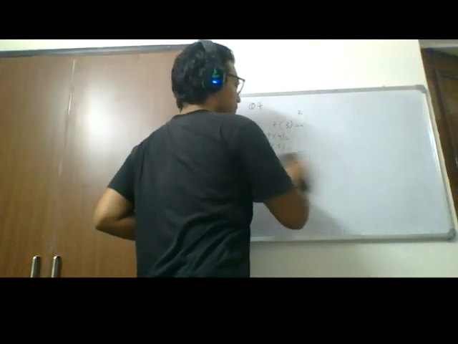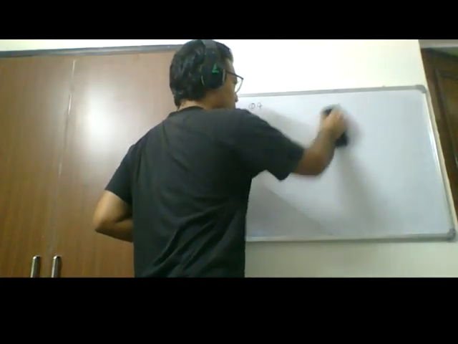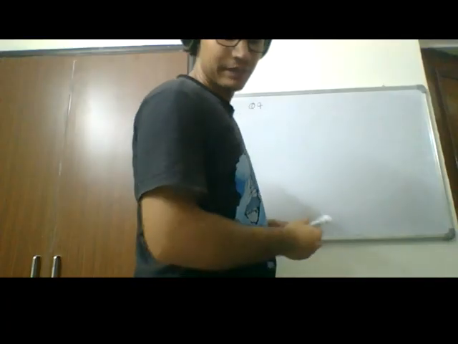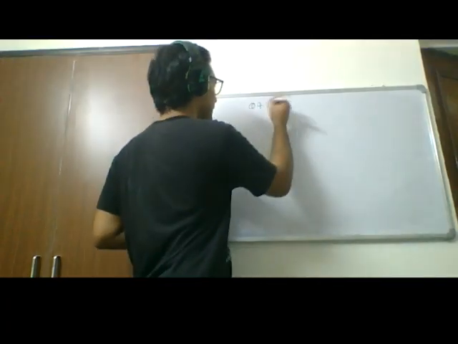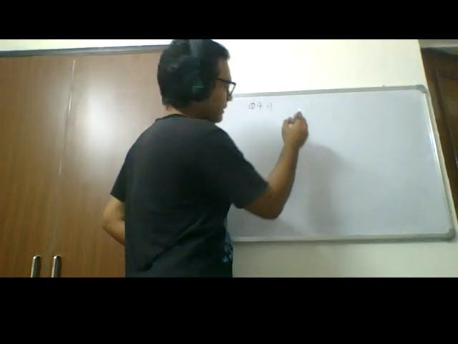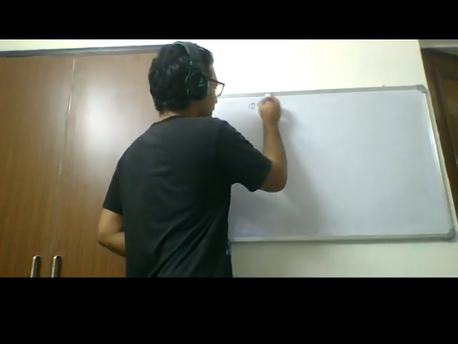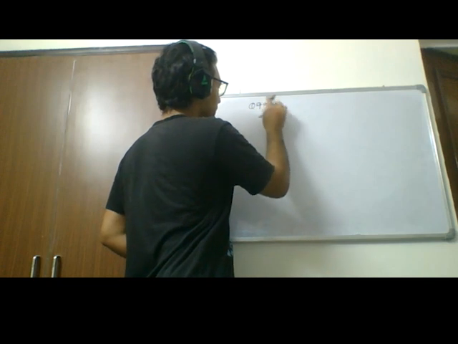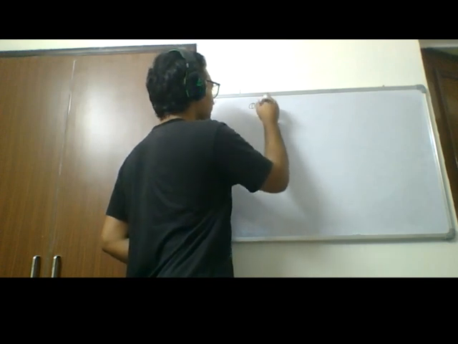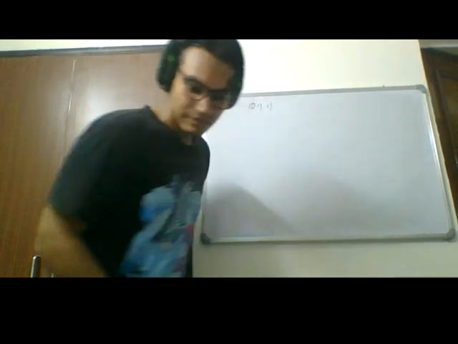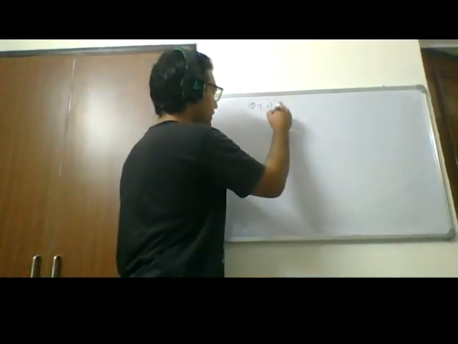So to show that there is no function, we just have to arrive at a contradiction. So for the C part, fine. But yeah, I write it this way. Okay. H of 1 is 1.